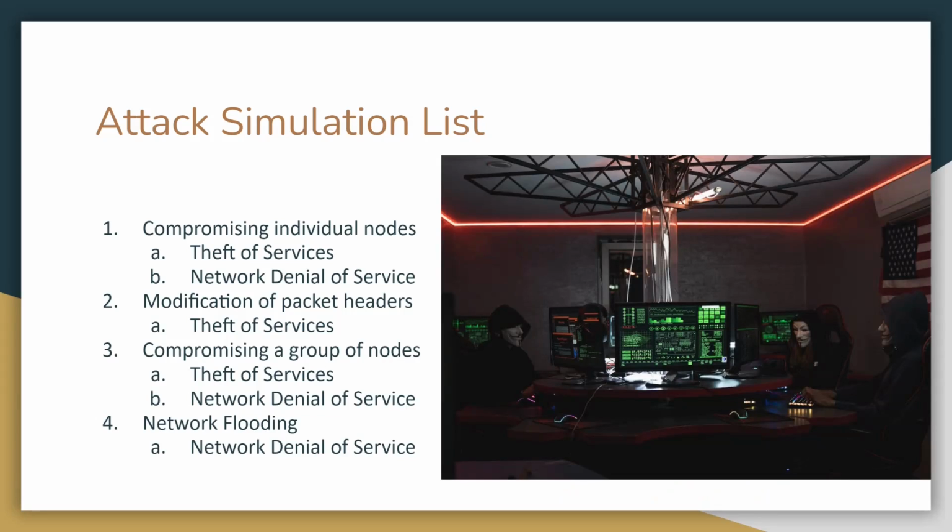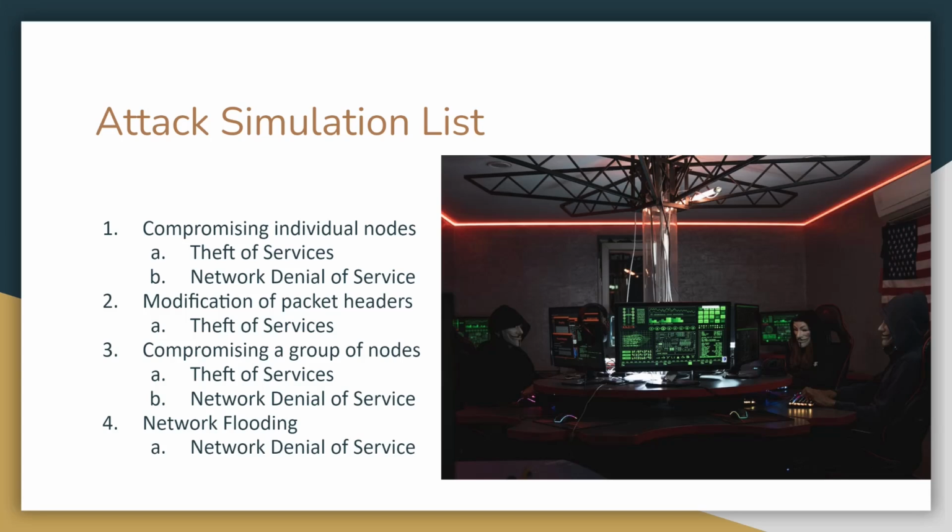So, in our attacks, we have a list of all the simulations that we believed to be the most effective on a QoS-based network. The first attack, which is compromising individual nodes, has two different categories: theft of services and network denial of service. The second attack, which was modifying a packet header, had only one simulation, which involved just a simple theft of services.